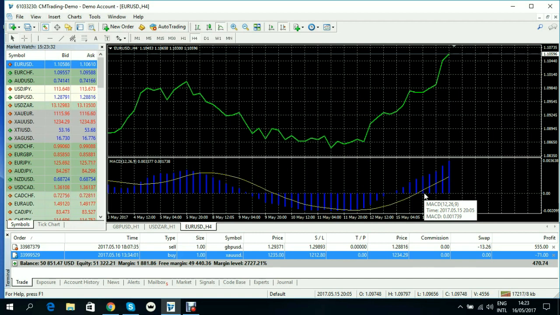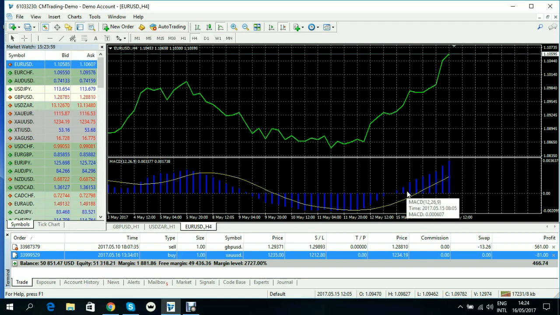Now, when these two conditions are met, when the bars go up and the signal crosses, then a buy trend is formed.